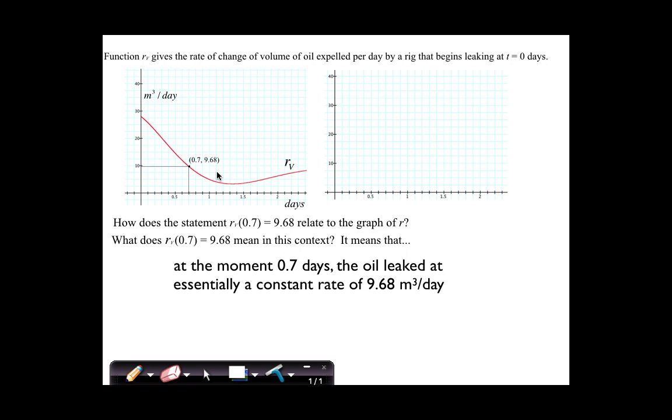So what does a constant rate look like again? Straight line, horizontal. So somehow I have to zoom in on this, if I could zoom in close enough, and see it looks essentially horizontal in the rate graph in order to have a constant rate.